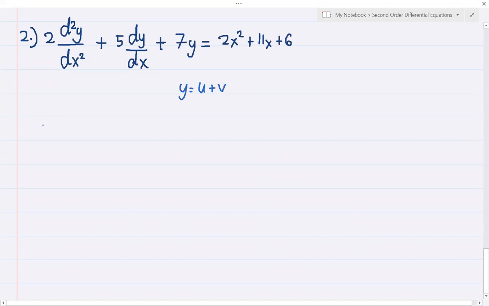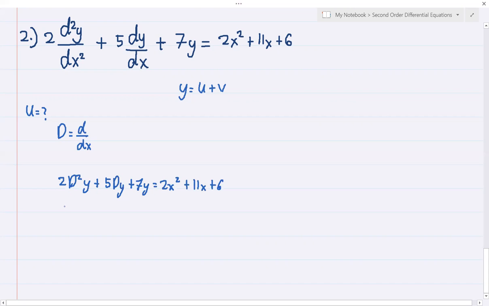Okay, so let's start again with your u. As always, substitute your d over dx as your capital D. So this would be 2 times D squared y plus 5 Dy plus 7y is equal to 2x squared plus 11x plus 6.